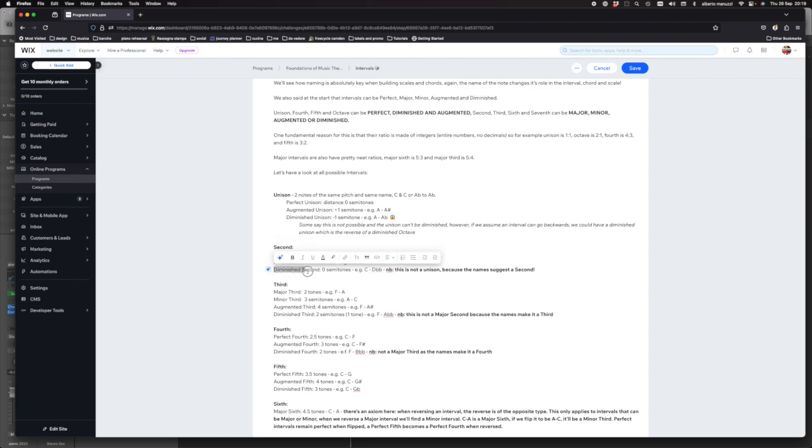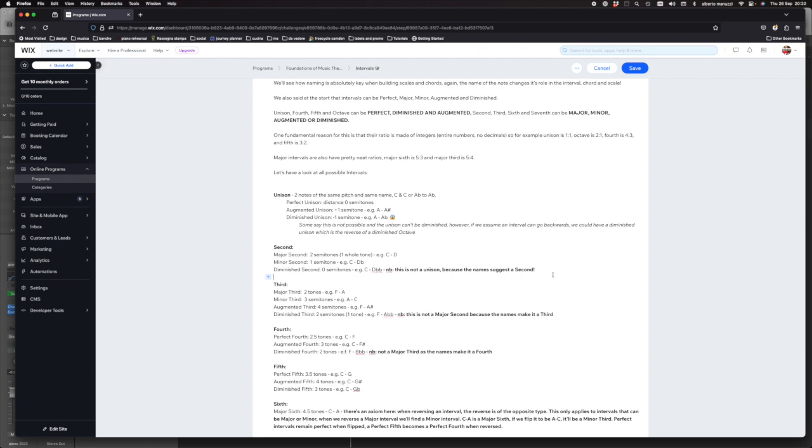Then a diminished second is 0 semitones. Now this is an example of C to D double flat, and this is not a unison, because the name makes it a second, makes it a diminished second. Okay?